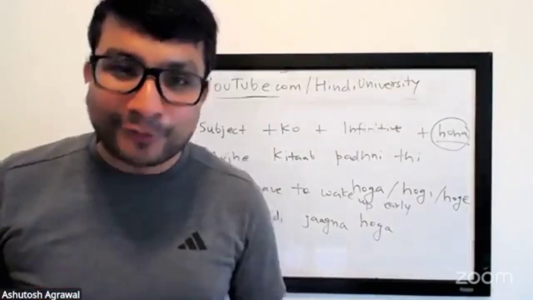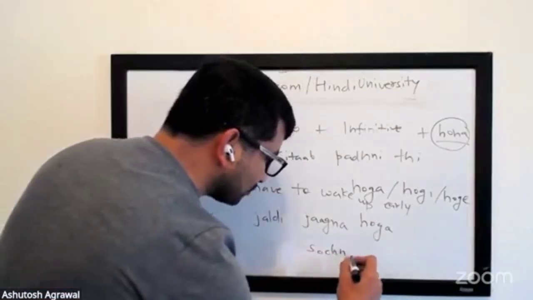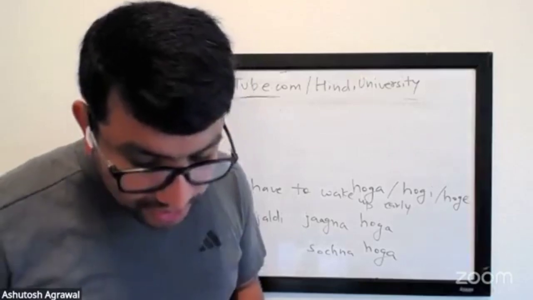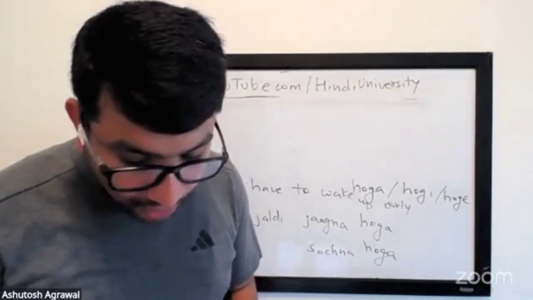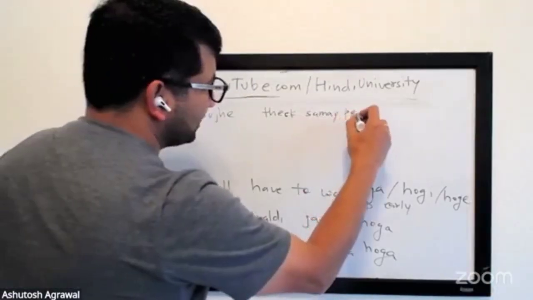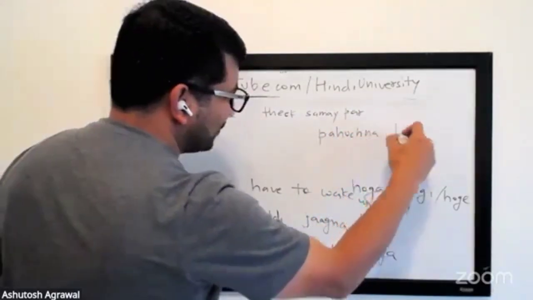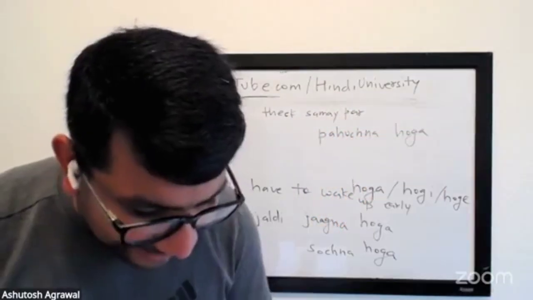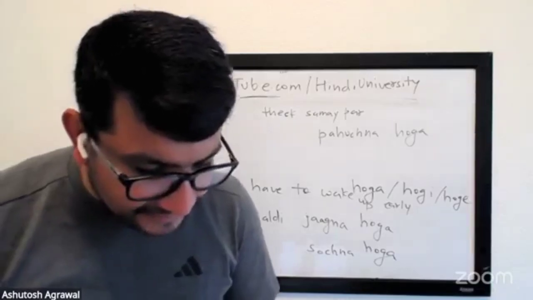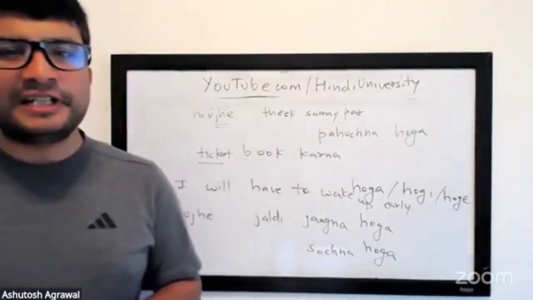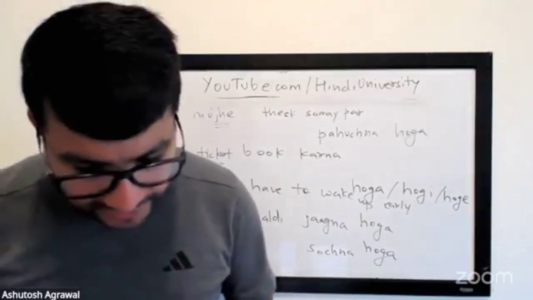If you will have to think, सोचना होगा. I will have to reach on time. मुझे ठीक समय पर पहुंचना होगा. I will have to book the ticket. And because ticket is feminine, मुझे टिकट बुक करनी होगी.